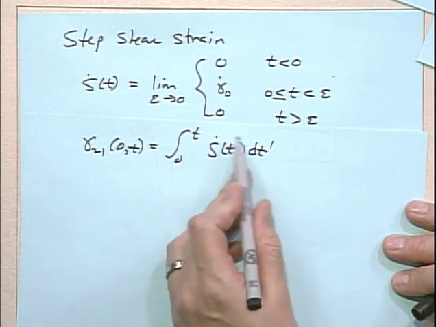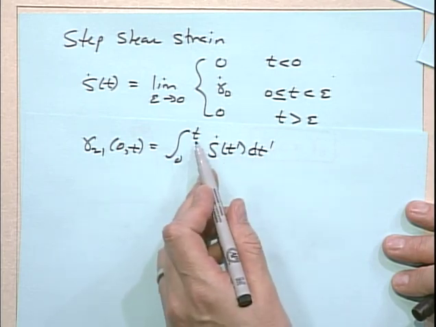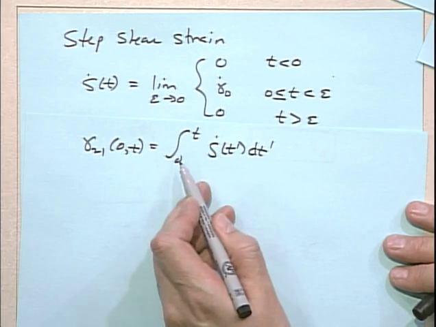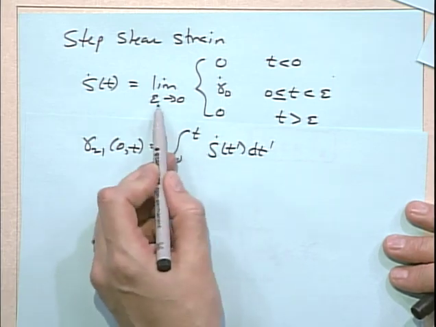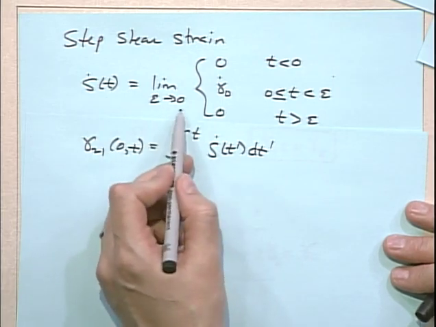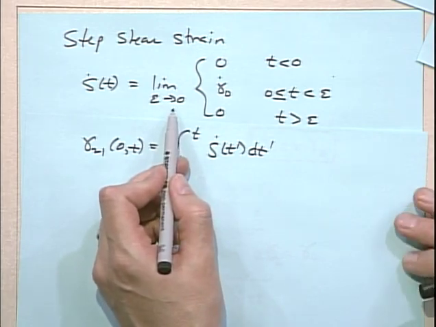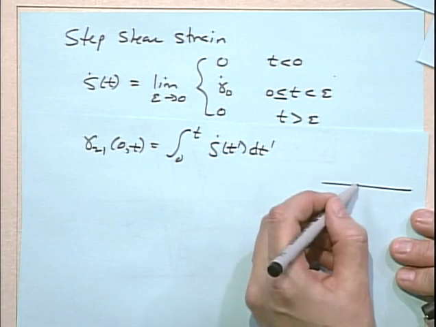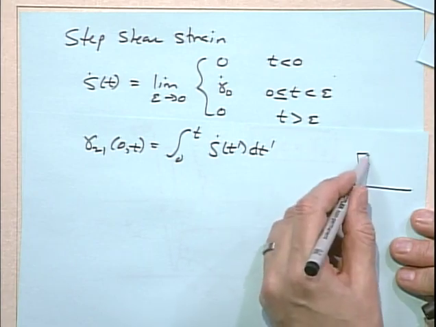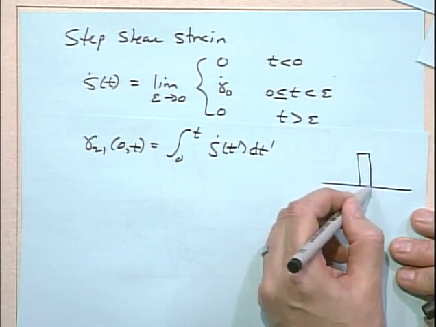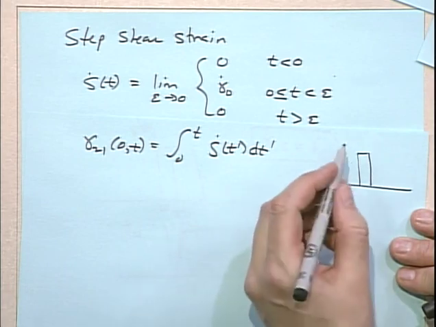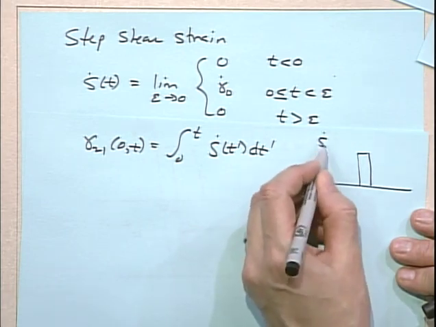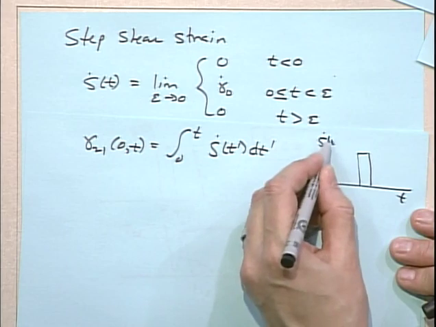So we just need this function between 0 and t. And this function is written here for epsilon very, very small. So we have our sketch. These kinds of problems are best worked out with the sketch nearby. So this is sigma dot as a function of time.